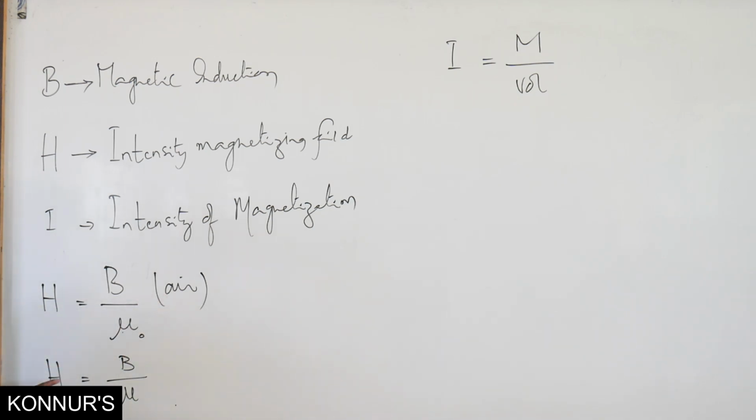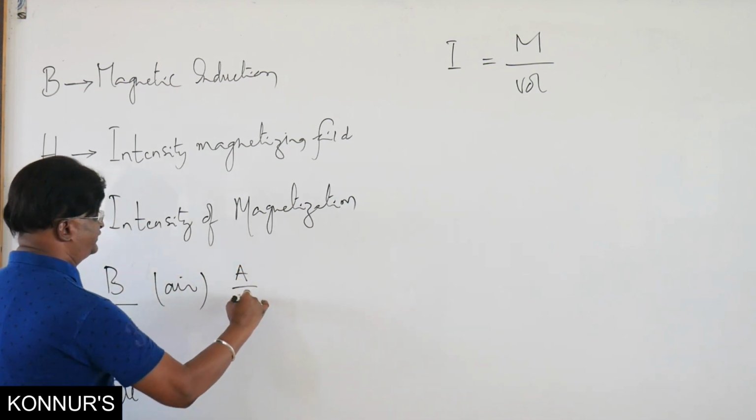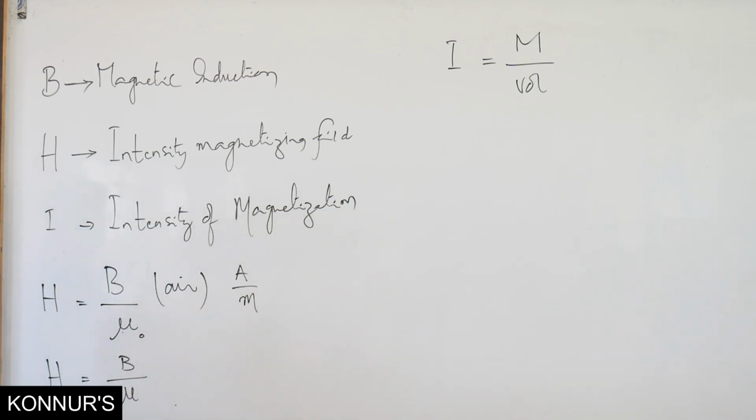medium, then we write it as H equal to B by mu, such that this mu naught is absolute permeability, that is permeability of air or vacuum, and this mu is permeability of that medium. Now, coming to the unit, the SI unit is ampere per meter.